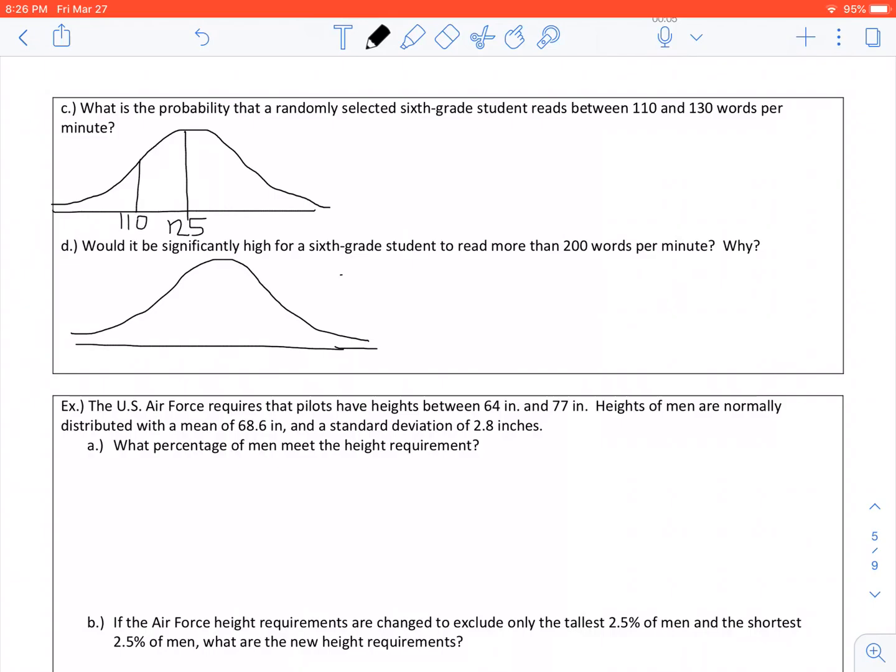And then 130 for my upper bound. And it says between these two values. So I'm going to go ahead and shade between those two values. So we're asking to find the probability of a sixth grader reading between 110 words per minute and 130 words per minute.